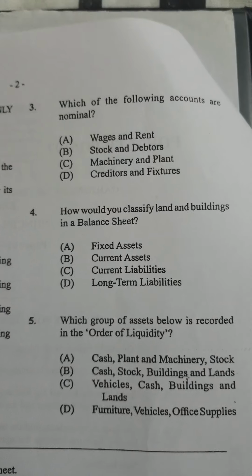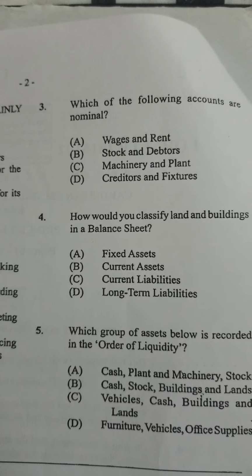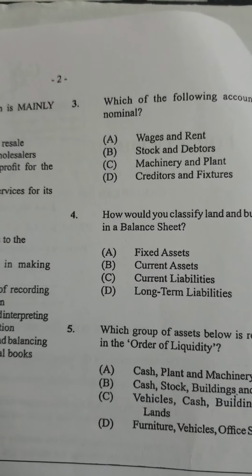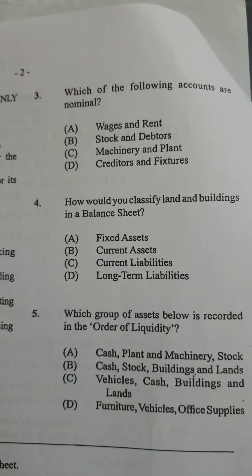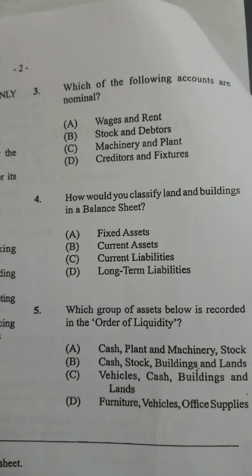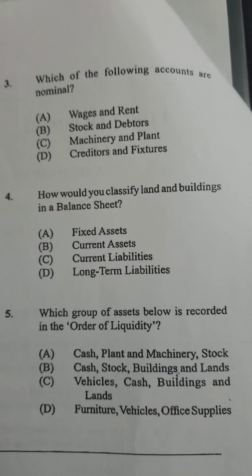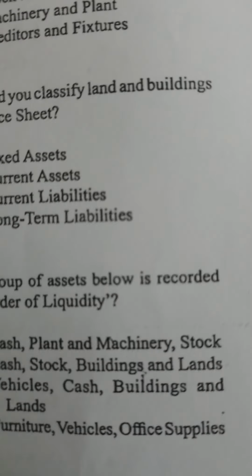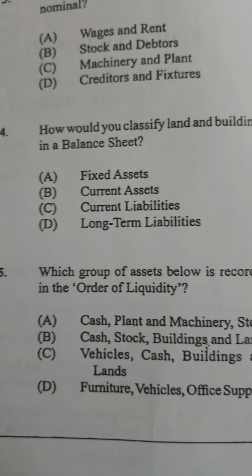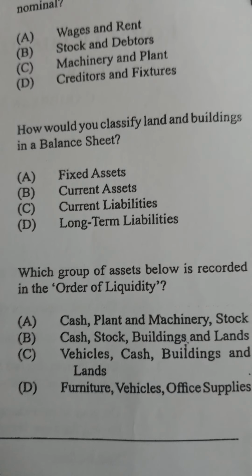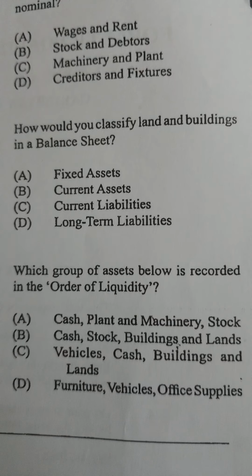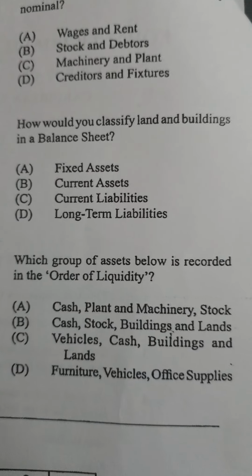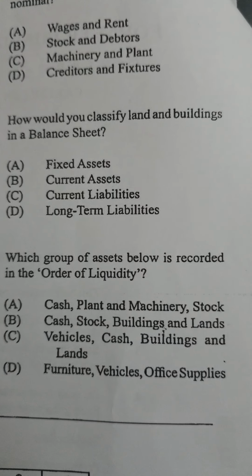Now, liquidity speaks to the asset that is easiest to be translated into cash to the asset that is least able to translate into cash. So we're starting from cash, okay? And based on the options presented, B would be the most appropriate answer: cash, stock, building, then land.